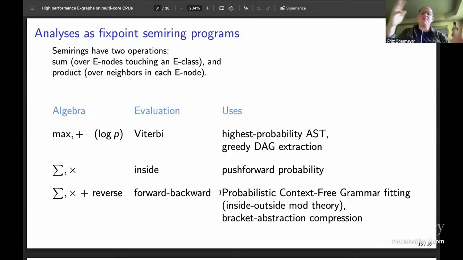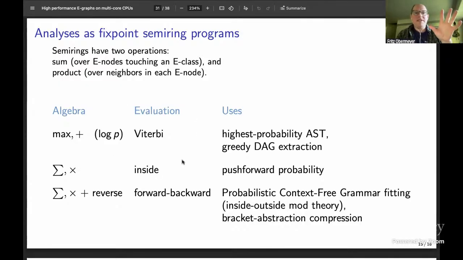And the way you can do that is by classic inside-outside algorithms from grammar fitting, natural language processing circa 2000. But you can do that modulo theory. It's like old school natural language processing modulo theory with an eGraph. And so it's actually equivalent to automatic differentiation.